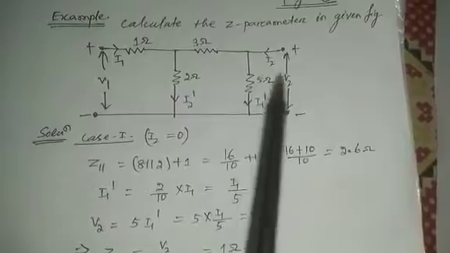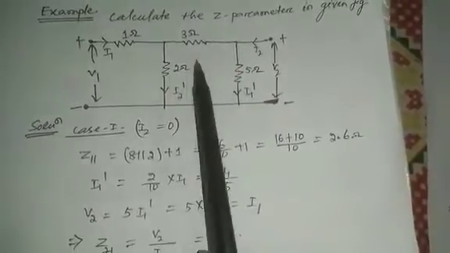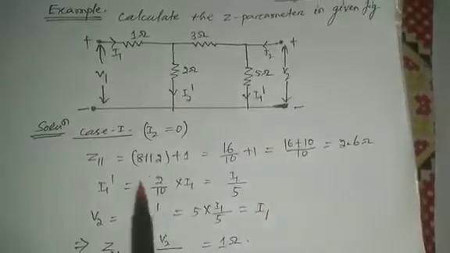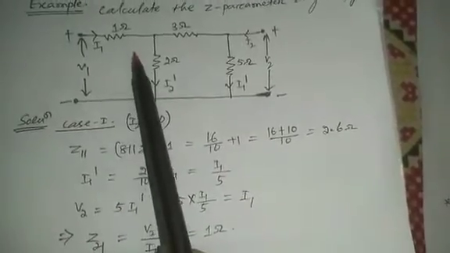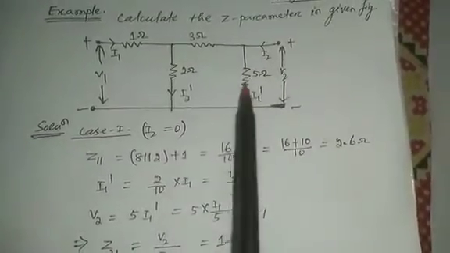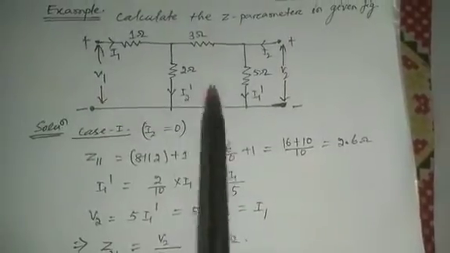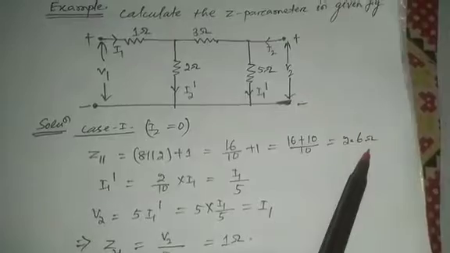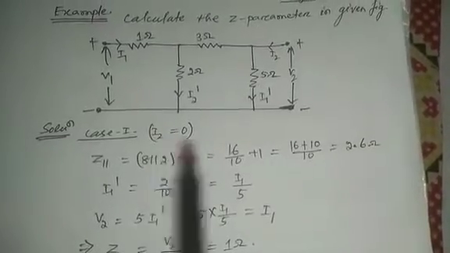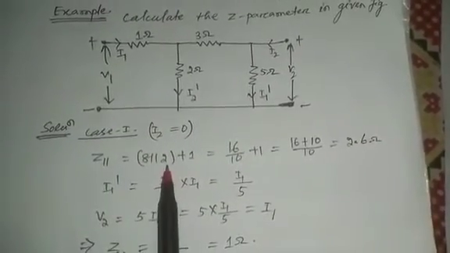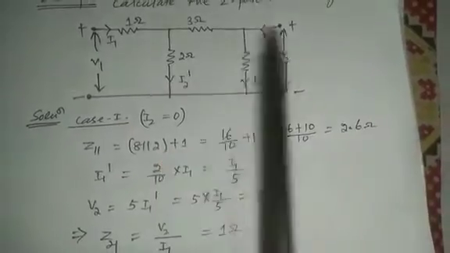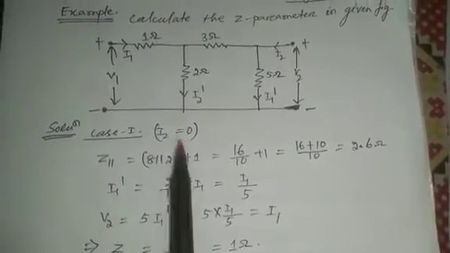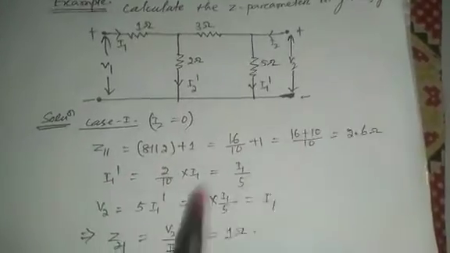I2 equal to 0 means this 5 and 3 are in series connection. 5 plus 3 is 8, in parallel with 2, plus 1 in series, and again in series with 1, you get 2.6 ohm. That is your Z11, which with I2 equal to 0 is V1 by I1. Impedance is voltage by current, V1 by I1. You get this easily.